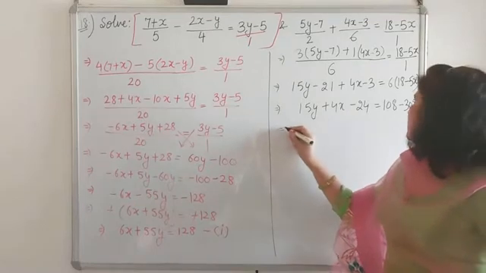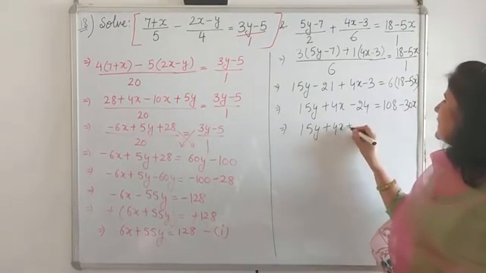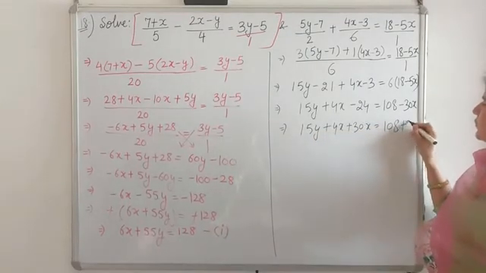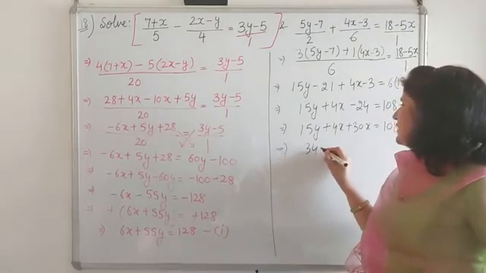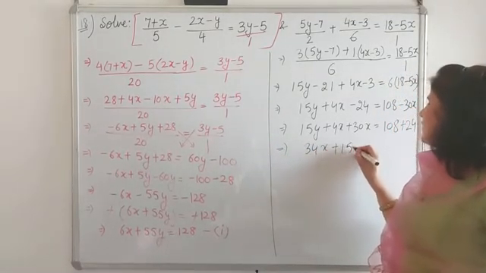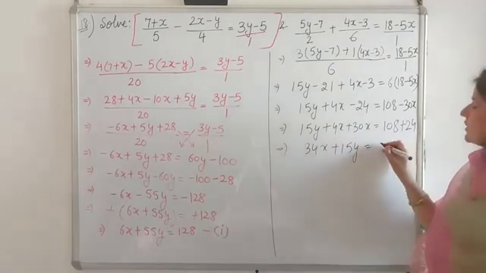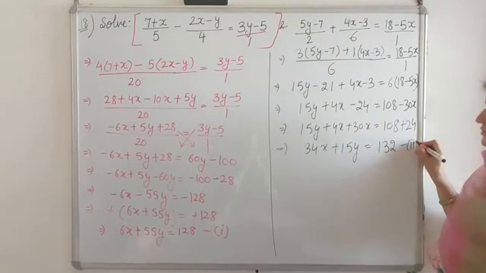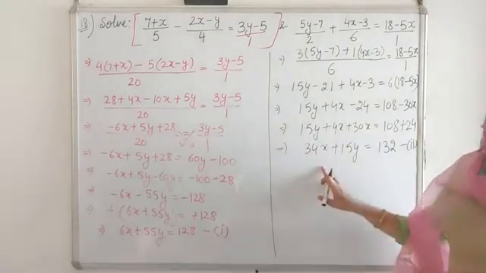So 15y plus 4x plus 30x is equal to 108 plus 24. 30 plus 4, 34x plus 15y is equal to 24 and 8, 32, 132. This is second equation.